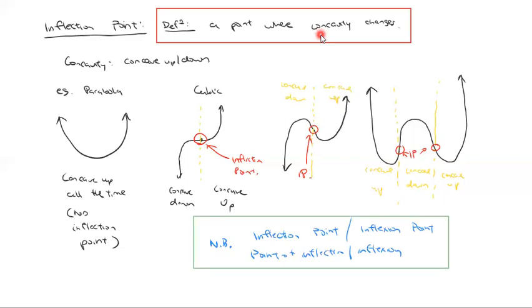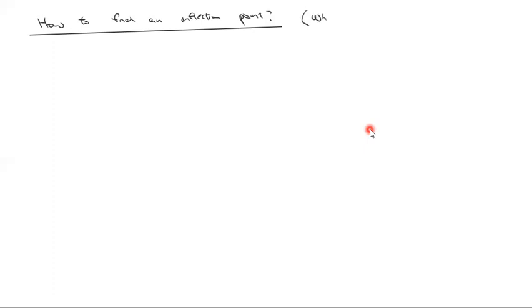All right, now, how do you imagine we would find an inflection point? So if you think about it, an inflection point is where the concavity changes. So what could the concavity be? Actually, let's be even more specific.